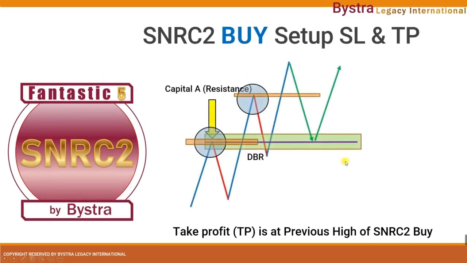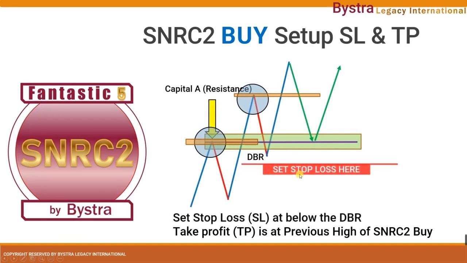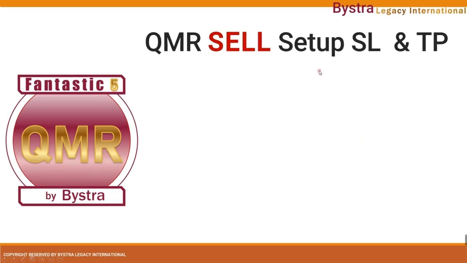For the buy setup, our SL would be set below the drop base rally. You can set 5 pips below this area. And our take profit would be the previous high of the SNRC2 setup, which is here, the previous resistance.